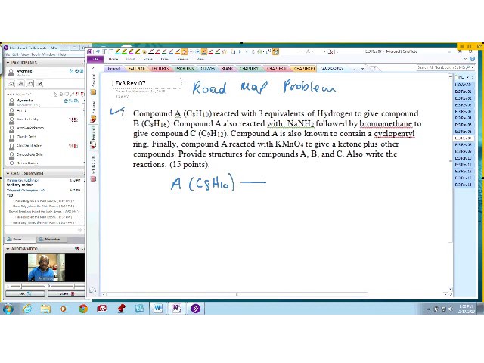They say it reacts with 3 equivalents of hydrogen, so that tells you that compound A probably has a combination of double bonds or triple bonds, to give compound B, and the formula for compound B is C8H16. Now, the first thing you need to do here is determine the index of hydrogen deficiency.